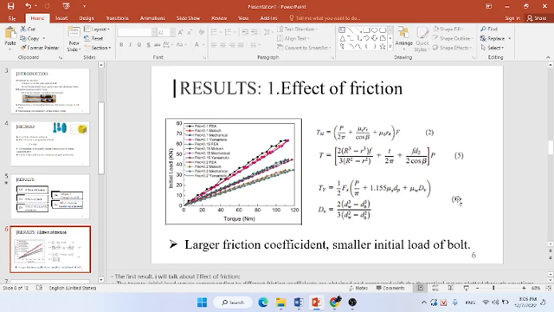Figures show that the friction coefficient has great influence on the relationship, especially the larger the friction coefficient, the smaller the initial load of the bolt at the same tightening torque.